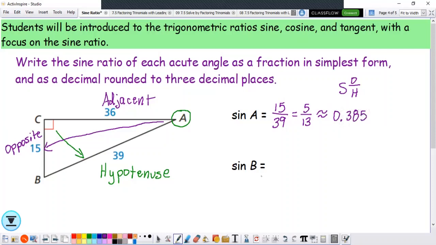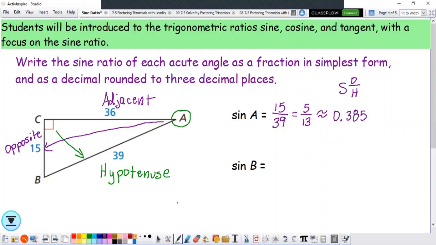If we were to use a table of trigonometric ratios, it would include decimal values out to 3 places. Also, you may find it in a standardized test out to 3 places. So it's good practice to have you see the ratio written both as a fraction and as a decimal.